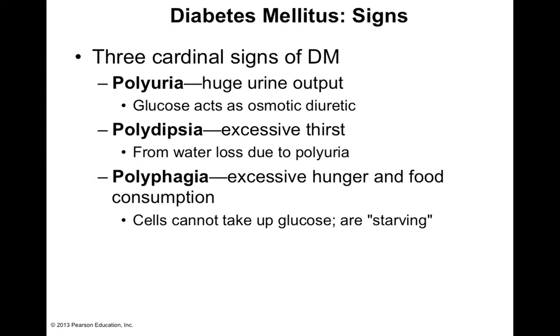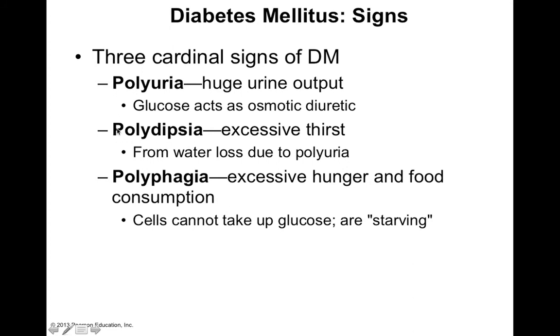Because glucose itself is a solute, that's going to cause water to follow glucose into urine, because water follows solutes, and therefore you get high urine output because of more water loss due to the movement of glucose through your kidneys. And this is going to cause excessive urination, or polyuria. So one of the symptoms of diabetes mellitus is this polyuria, which causes you to urinate a lot. In fact, individuals will wake up throughout the night having to urinate, and so they won't get a good night's sleep as a result of this symptom.